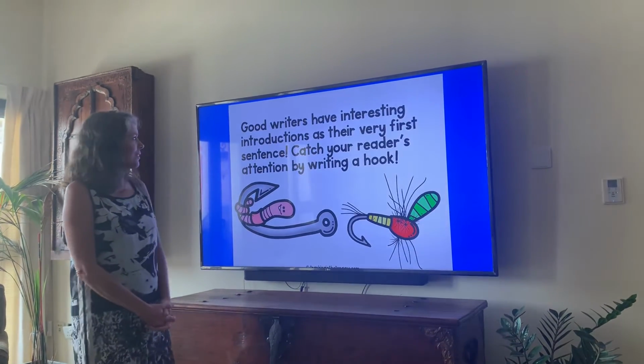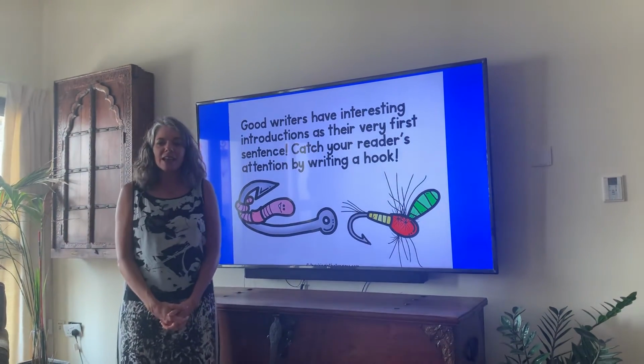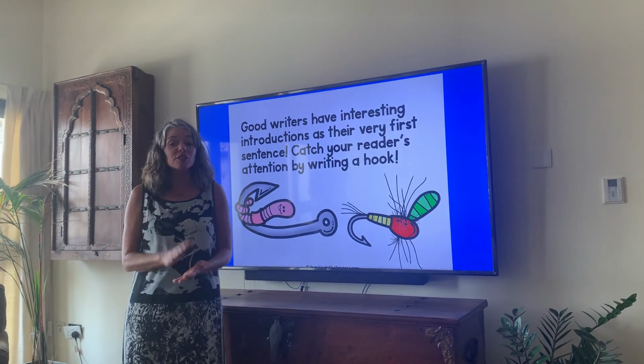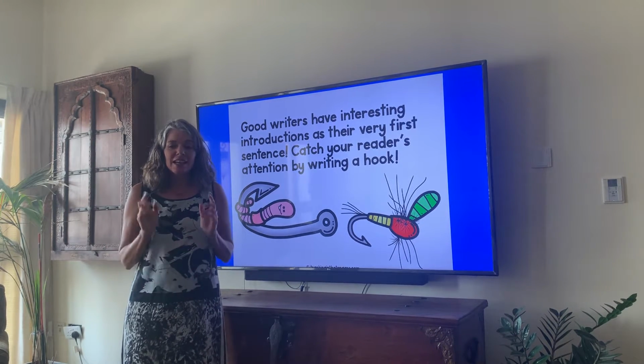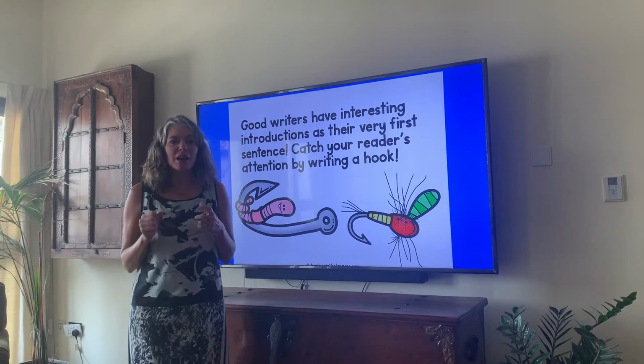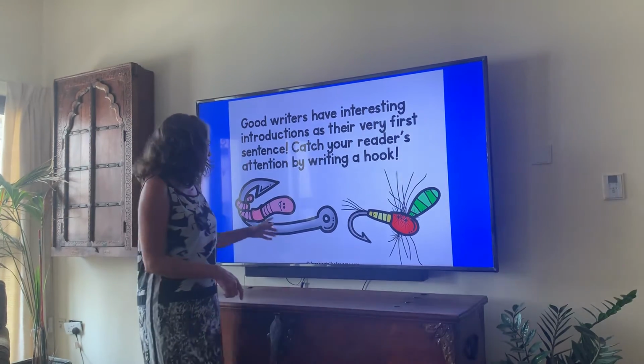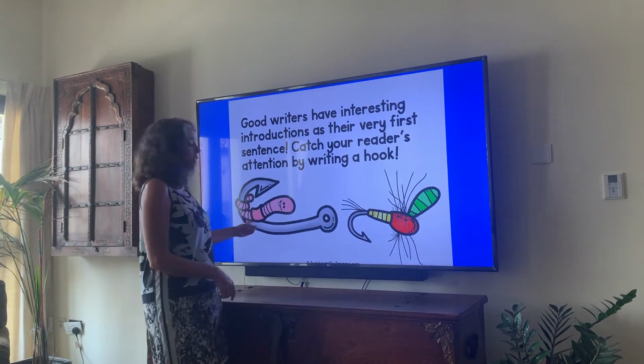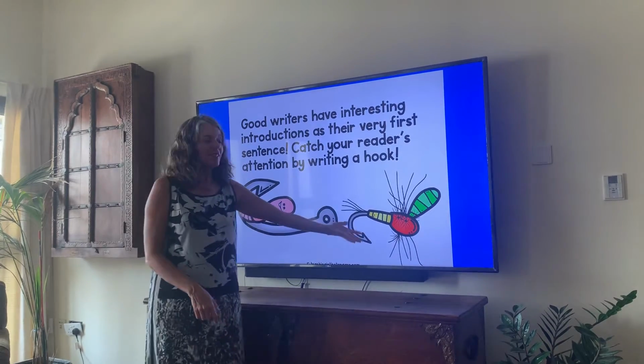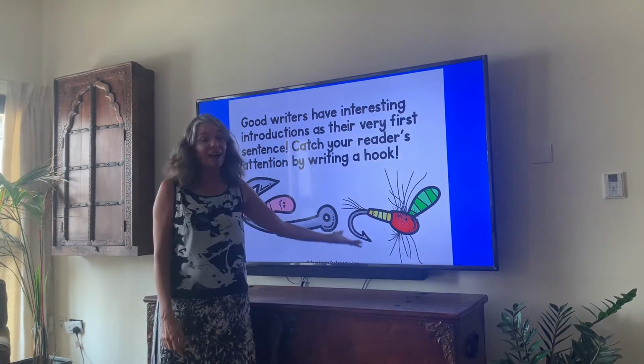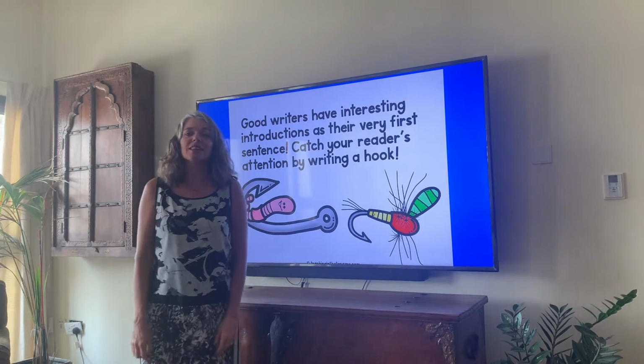Good writers have interesting introductions as their very first sentence. Catch your reader's attention by writing a hook. And see, we have 2 hooks here. Isn't that funny with the worm? And this one is a different fly, actually, that has a hook.